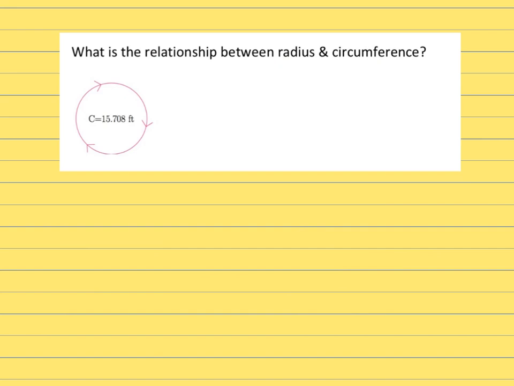Now on this next example, it says, what is the relationship between radius and circumference? I'm going to underline those words too. Radius and circumference. If you think back to the last slide or the picture that you see right here, I still have my circle.